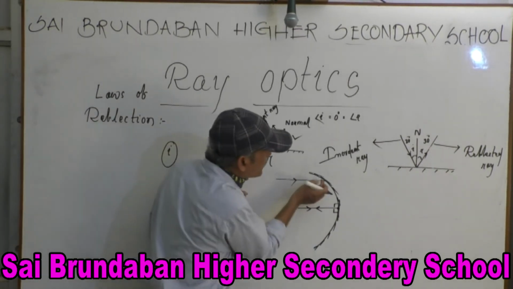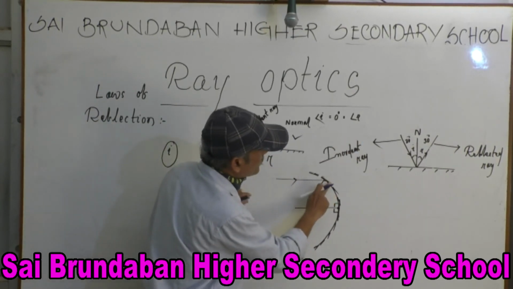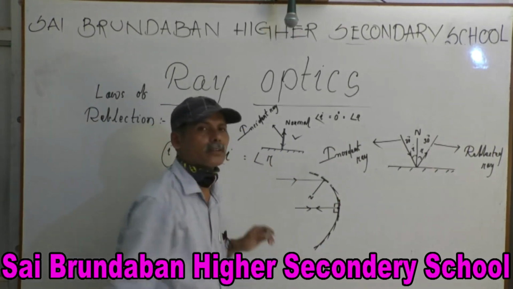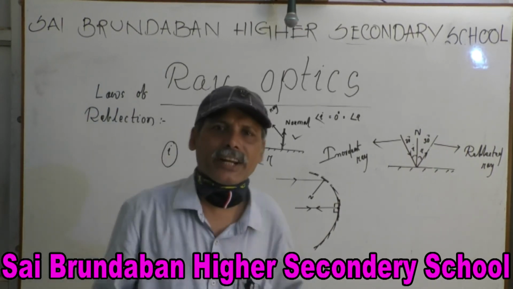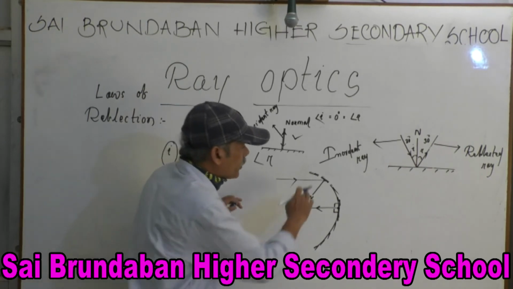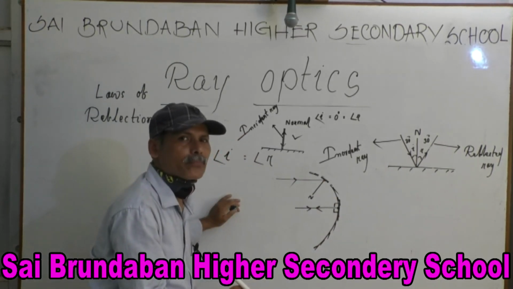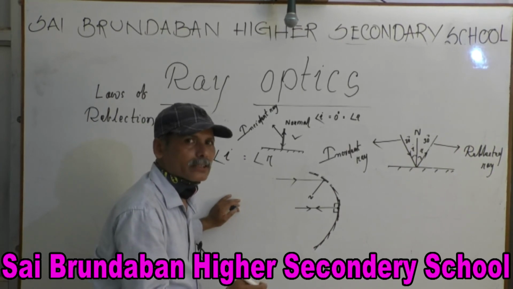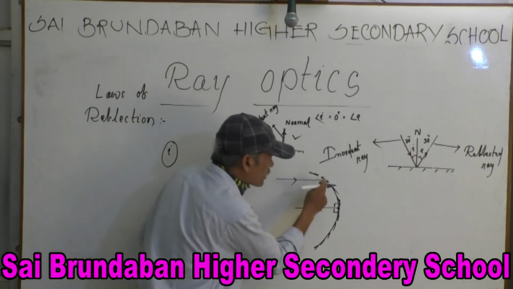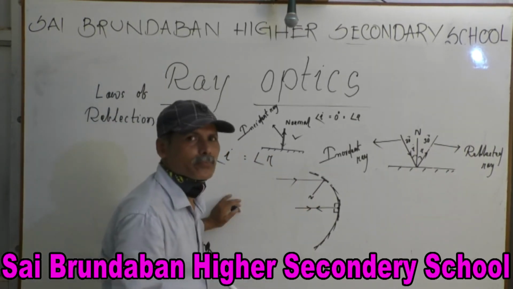You take a small section. For your understanding, you take a small section. Don't take the whole mirror when you are focusing on this point of incidence.